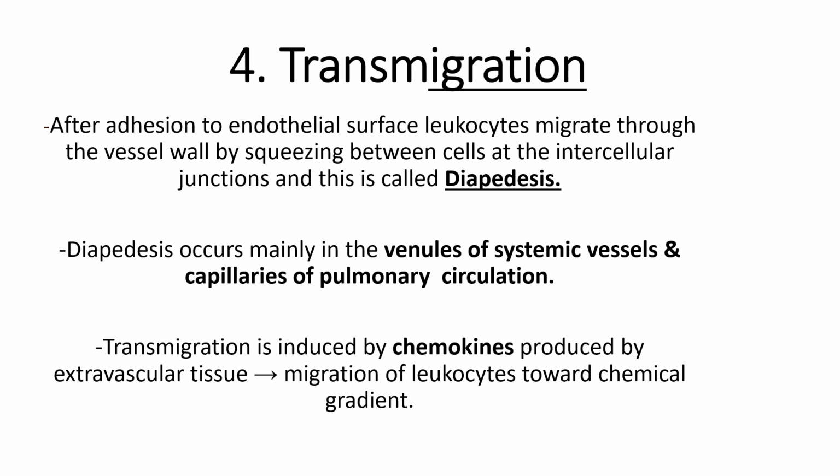Then migration of the leukocyte is activated by chemokines that are produced by the extravascular tissue, leading to migration of the leukocyte to the site of inflammation toward a chemical gradient of chemotactic factors.